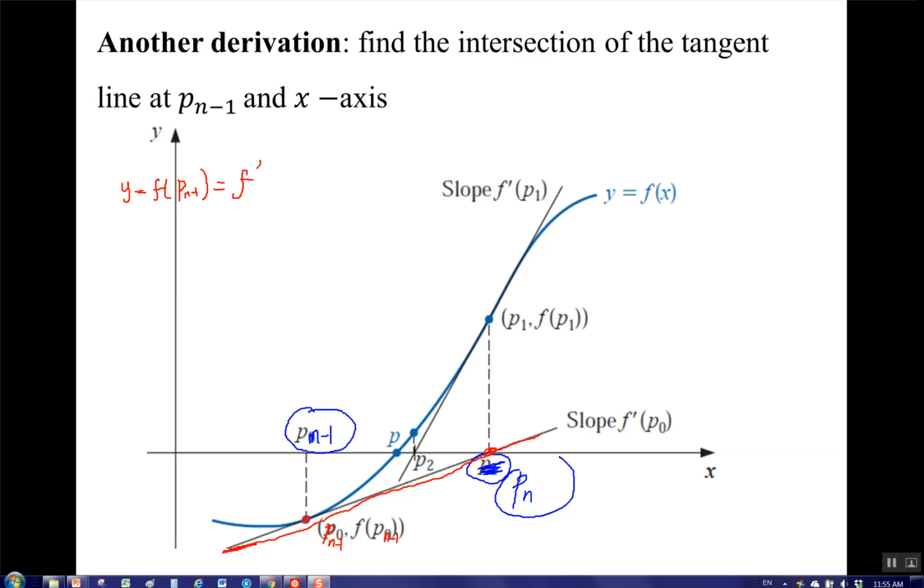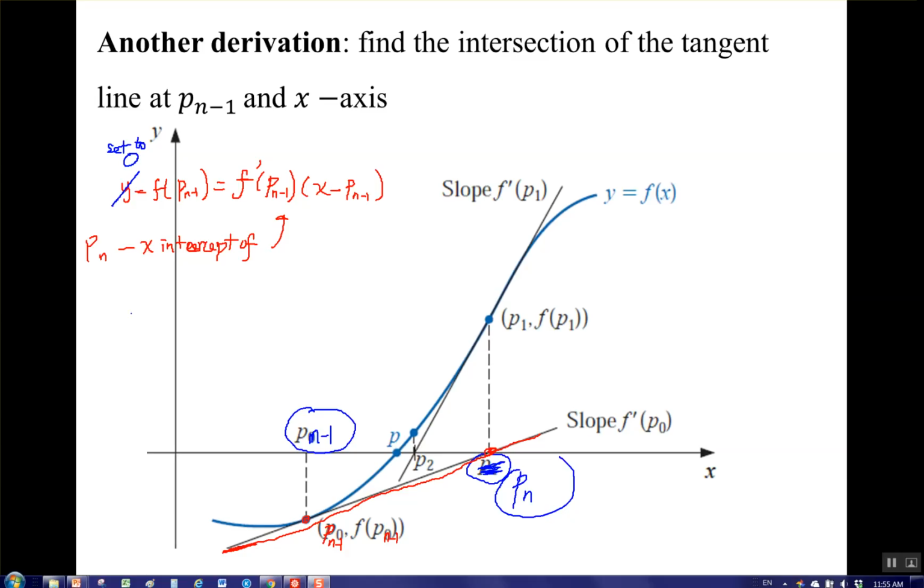The slope is the derivative at this point, times x minus x0, where x0 in this case is p sub n minus 1. Pn is the x-intercept of this equation, so we just need to find the x-intercept. To find the x-intercept, we set y to 0.